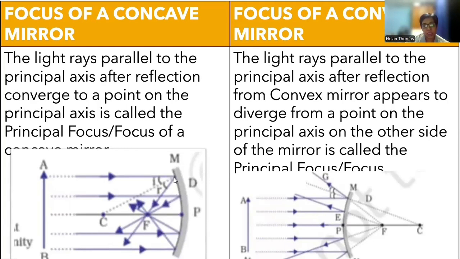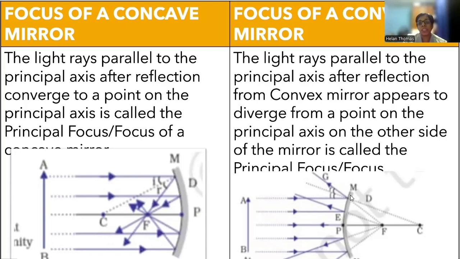They will hit the concave mirror and follow the laws of reflection, that is, angle of incidence i is equal to angle of reflection r. So if theta is the angle traced with the normal by the incident ray, theta will be the angle of the reflected ray also. So the parallel rays will converge at a point on the principal axis, and that is called the principal focus.